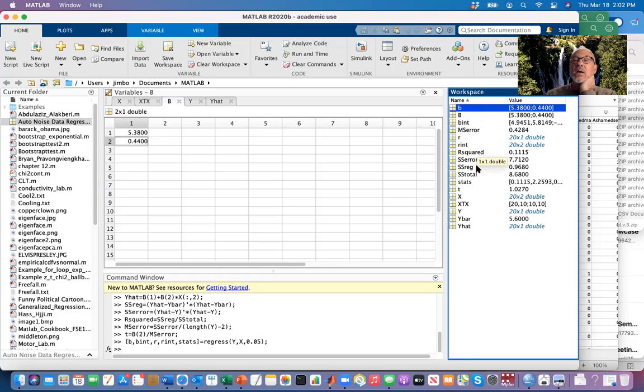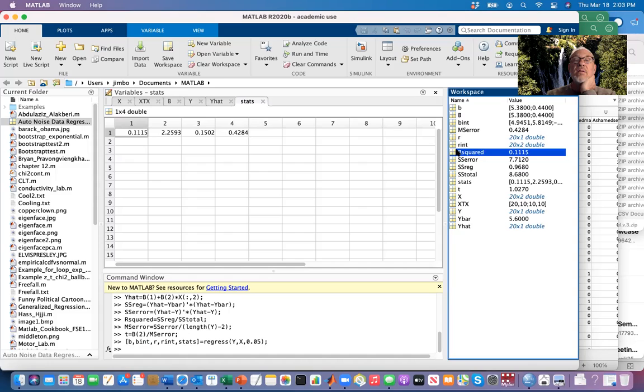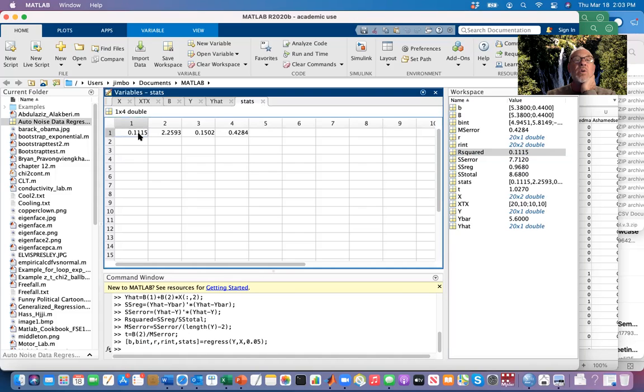If I look in stats to find R squared, the one that we calculated is exactly the same as R squared in stats. The F, this is the F value.